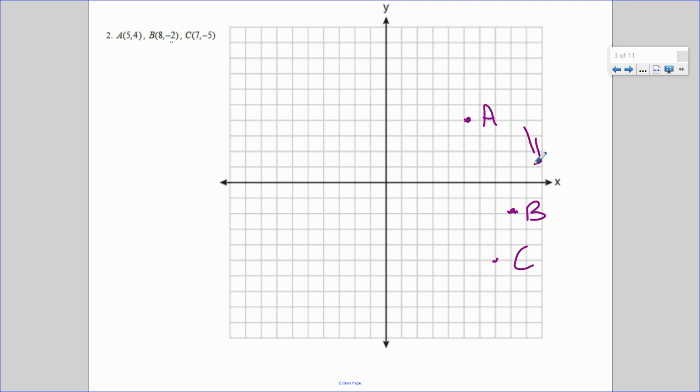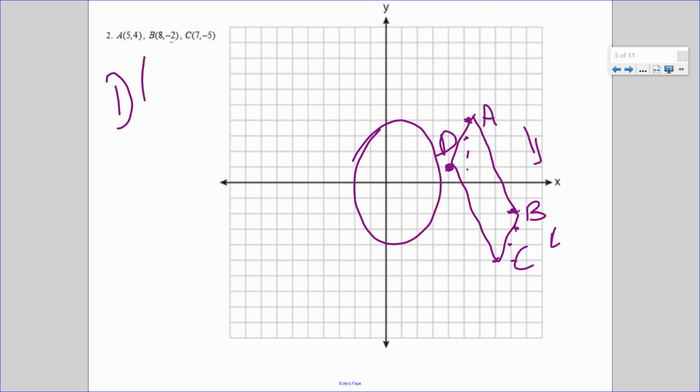Again, A, B, C, it's got to be somewhere over there. So whatever I do to get from B to C, I'm going to do the same thing to get from A to D. So if it's down 1, 2, 3, left 1, down 1, 2, 3, left 1, that's D. Does it look right? Sure does. The coordinates of D, 4, 1.